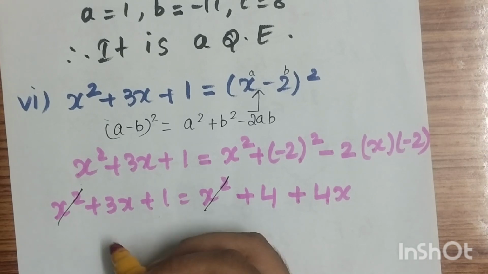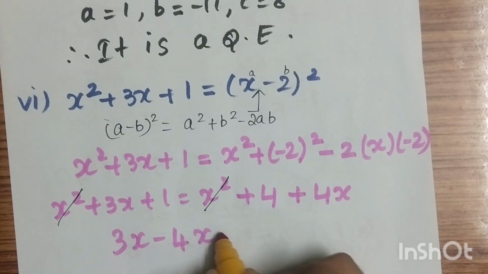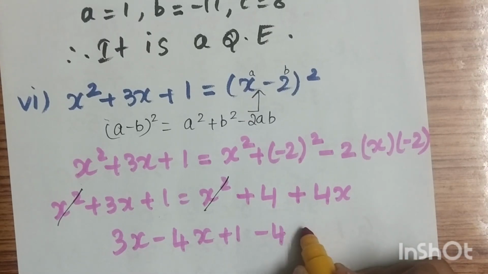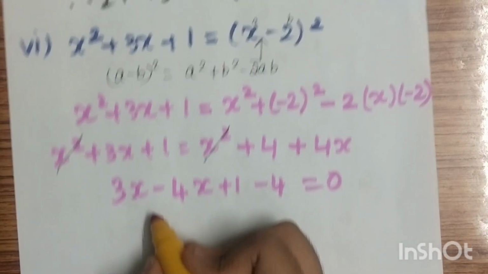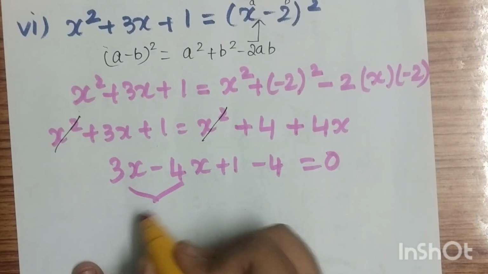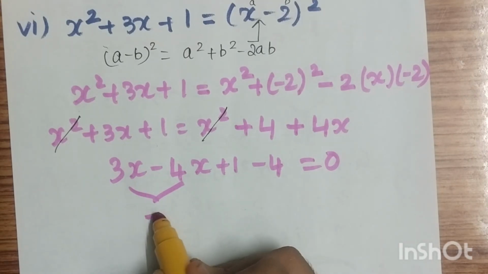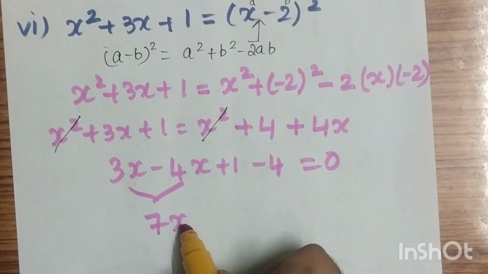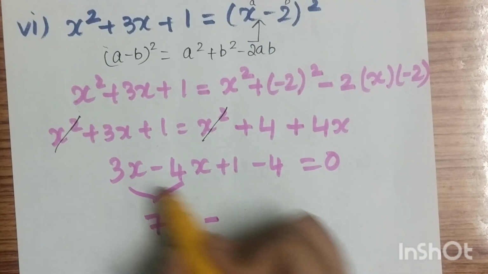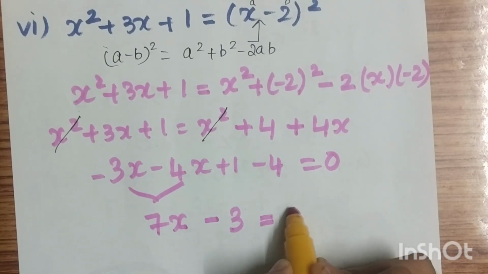So if I simplify, I'll be getting 3x minus 4x plus 1 minus 4. I have shifted everything to LHS. So I'll be getting 7x minus 3 is equal to 0.